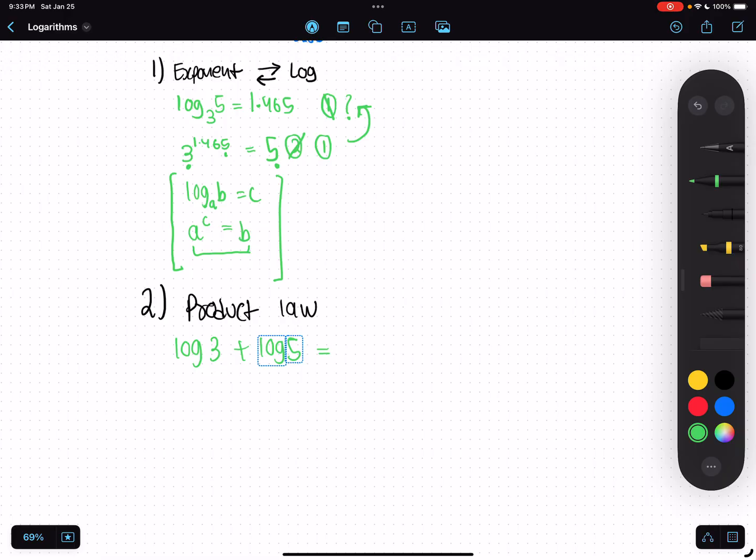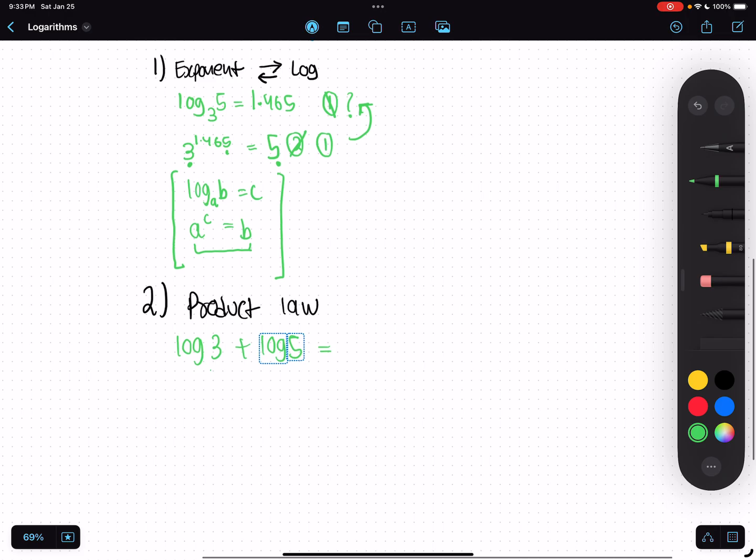You know, in fractions, when you have the common denominator, you can simply add the two numerators together, like 2 by 3 plus 1 by 3 becomes 3 by 3. Similarly, the denominator in this case would be the base. Notice how I've not written the base, I've only written the arguments.